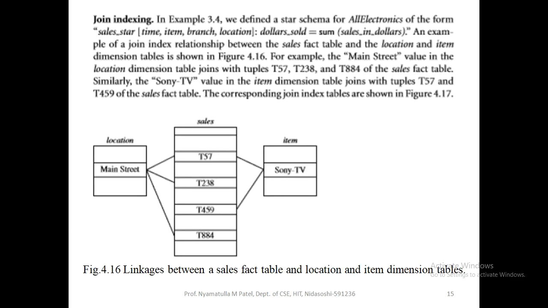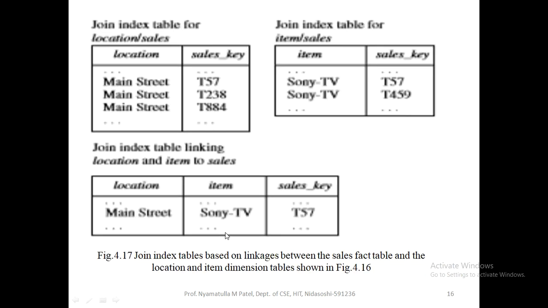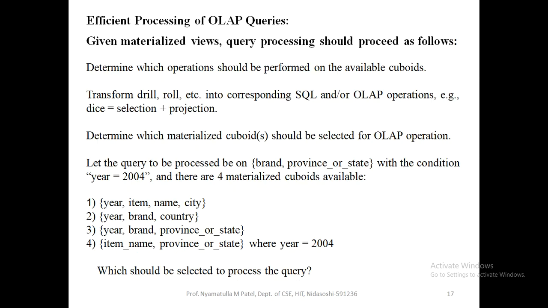Here the transactions T57, T238, T459 and T884, all these have a common thing, what? A Sony TV. Now, that is grouped together. So, that is nothing but joining or linking between the different transactions. That is all regarding the join indexing.